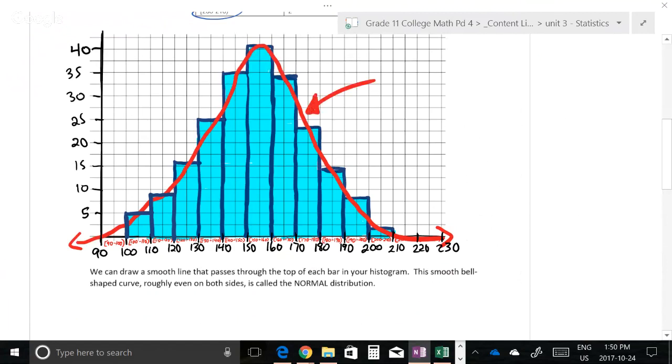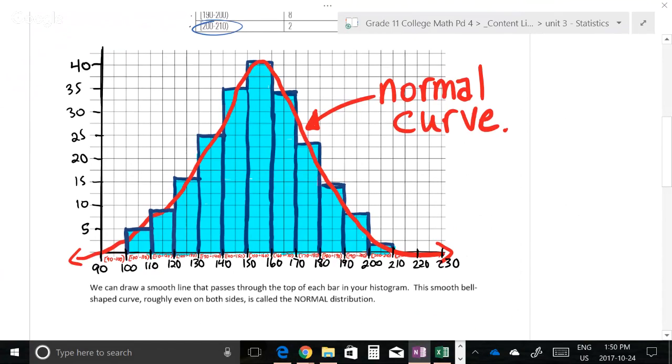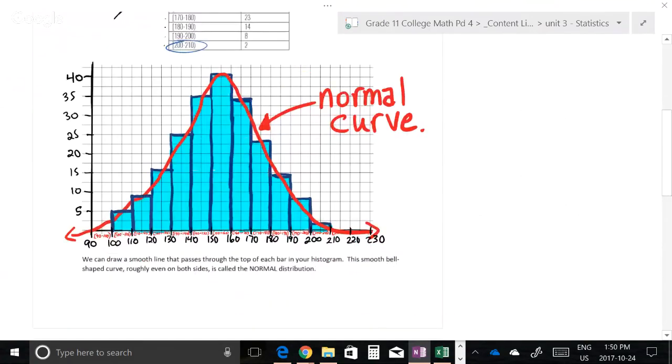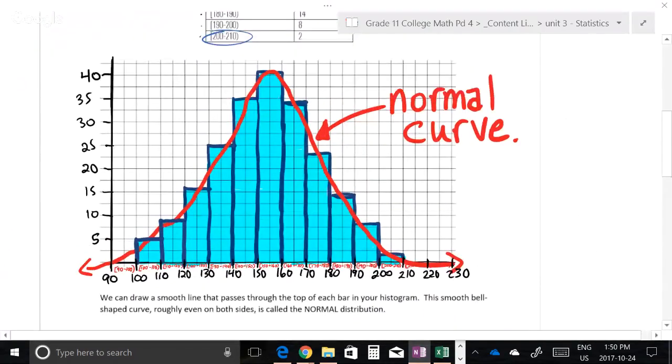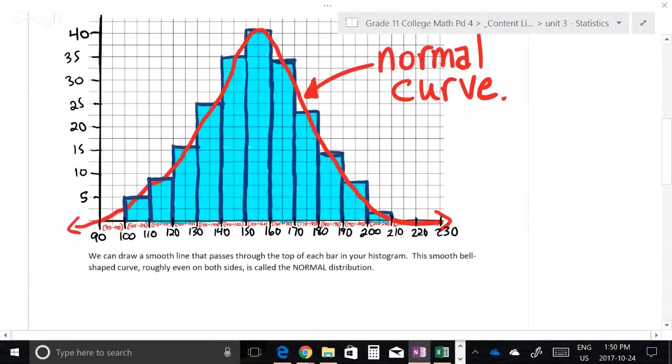And we call it a normal curve. Well, because we're going to talk about curves that aren't normal after this. So we call this the normal distribution.